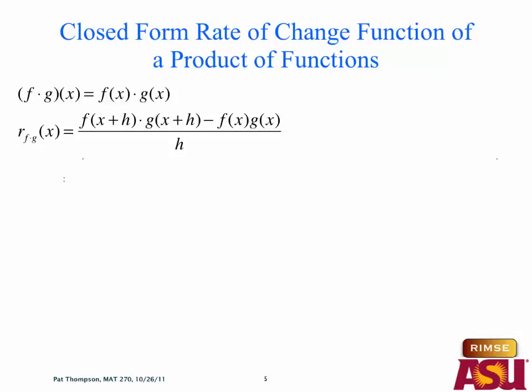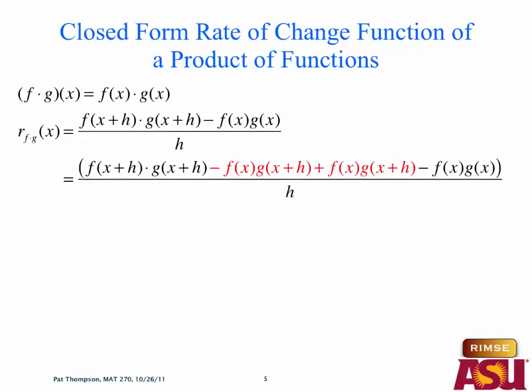Okay, so how are we going to do this? Well, here's what we do. In the numerator, we subtract f of x times g of x plus h, and then we add it. So the effect of this is doing what?